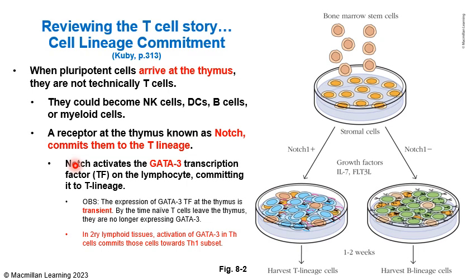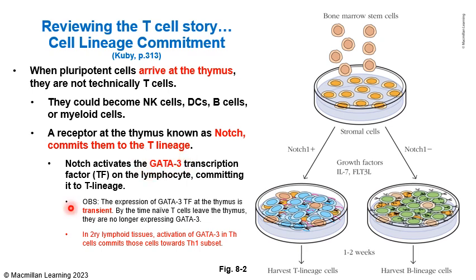So Notch1 activates expression of GATA3 on the lymphocyte, and when this happens in the thymus, that is when you have a commitment of those primary cells to becoming thymocytes, after exposure to Notch1 and transient expression of this transcription factor that is GATA3.